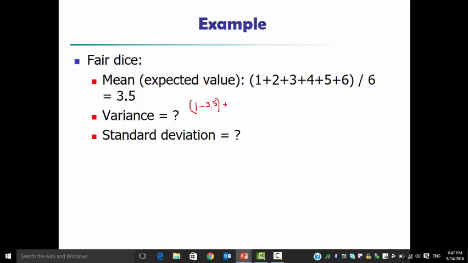And all the way up to, see here, 2 minus 3.5, all the way up to 6 minus 3.5.